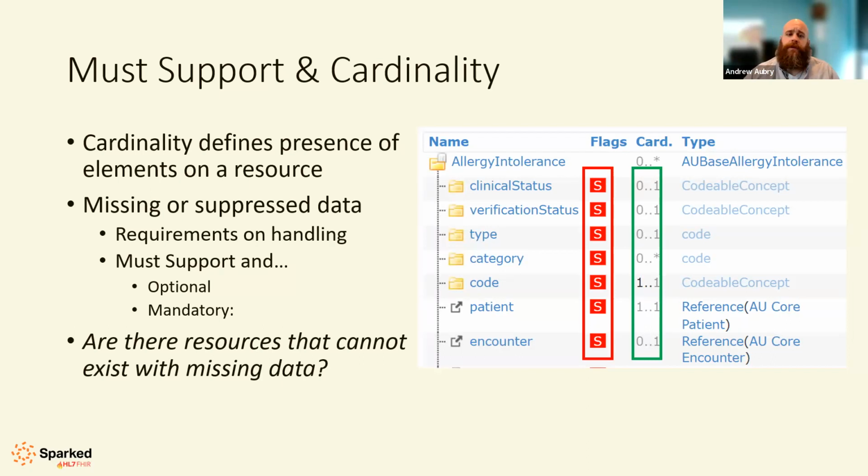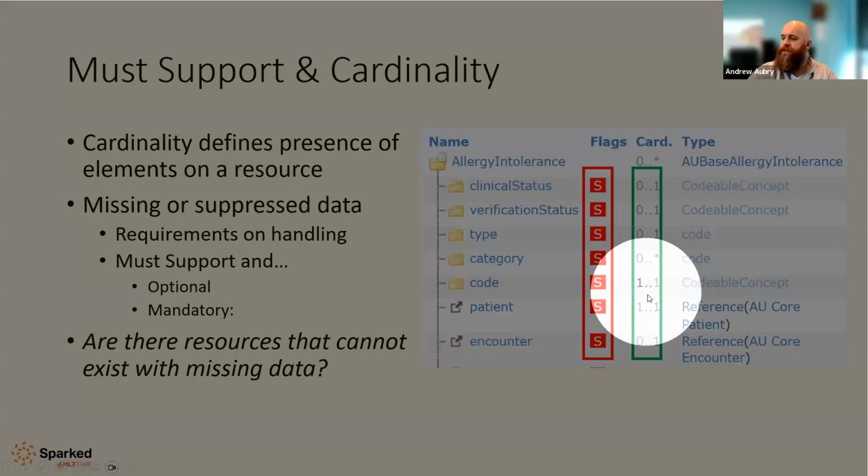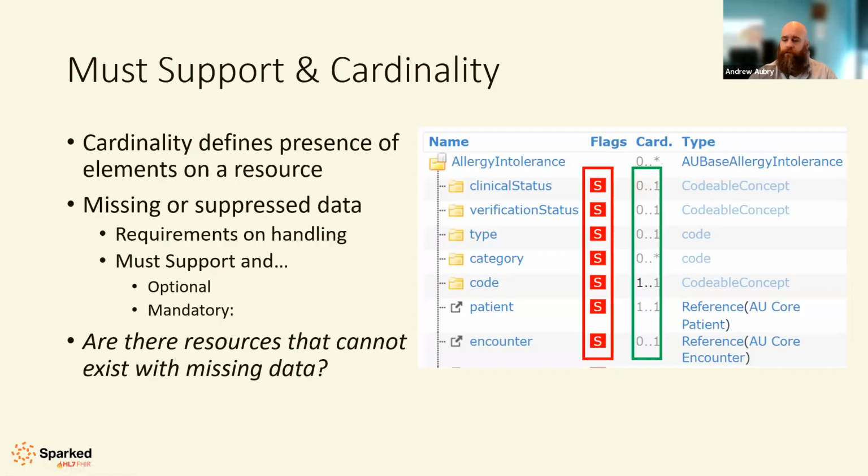This is just saying, for example, from the allergy and tolerance, these two elements have a cardinality of 1. Any resource that you are interacting with needs to have the code and patient element to be a valid FHIR resource, but it says nothing about what information those need to actually contain.